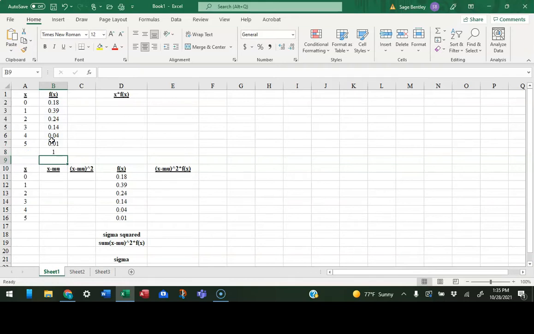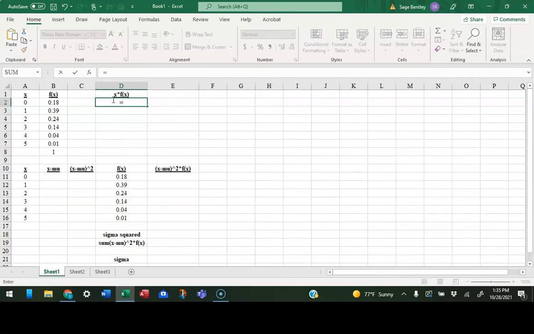Now what do I want to do to find expected value? I want to take my x value times my probability and make a list of that. So I'm going to take this cell times this cell, and hit enter. And that gives me 0, as it should.